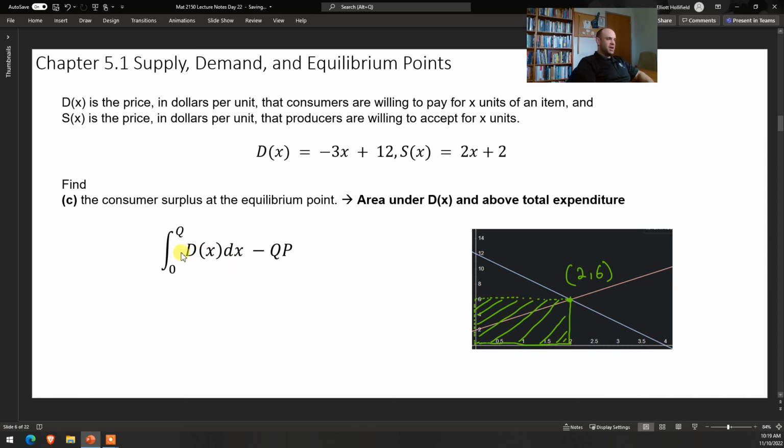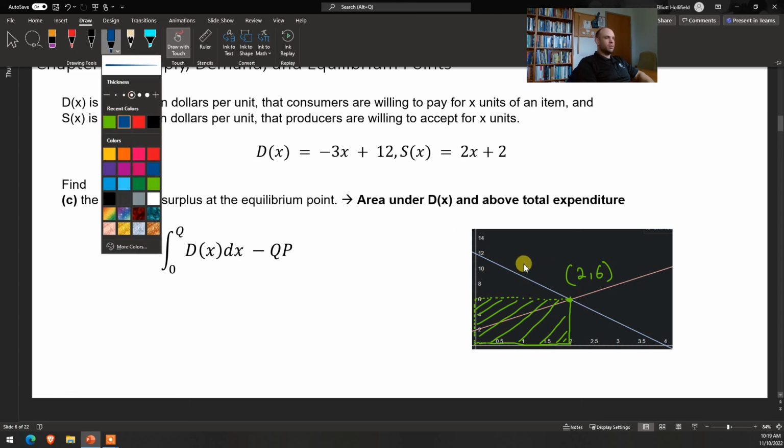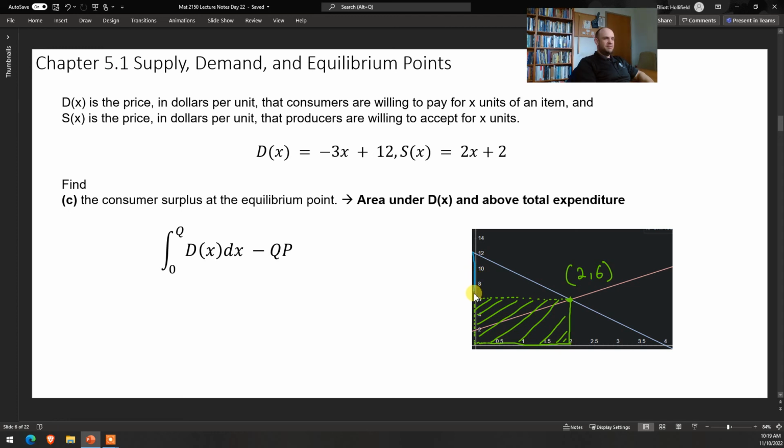So if we take the area under the curve of the demand function and we subtract this rectangle, then that leaves us with this area on top. Remember, the demand function tells us the price that consumers are willing to pay.